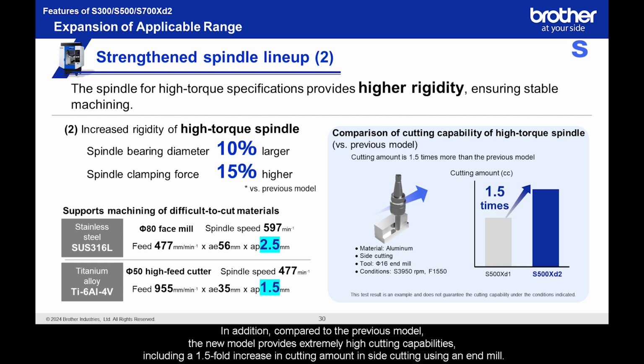In addition, compared to the previous model, the new model provides extremely high cutting capabilities, including a 1.5-fold increase in cutting amount in side cutting using an end mill.